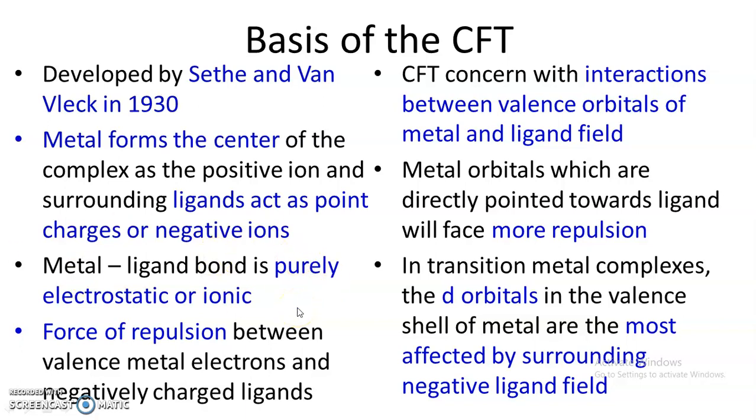So the summary of this point is, on the basis of crystal field theory, metal-ligand bonding is purely electrostatic, and CFT does not consider overlapping between metal and ligand orbitals. Very important thing. And according to crystal field theory, the metal forms the center of the complex as a positive ion, and surrounding ligands act as point charges or negative ions.